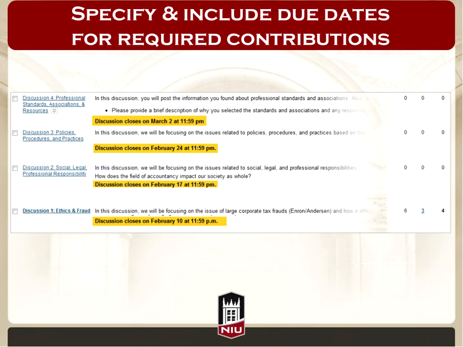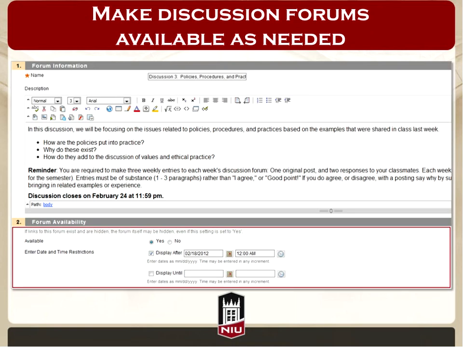On that same note, when you are creating multiple discussion board forums, say you wanted to have a forum for every week, a nice trick you can do is, if you notice down here under forum availability, I am making the forums available only after the previous one has closed down.